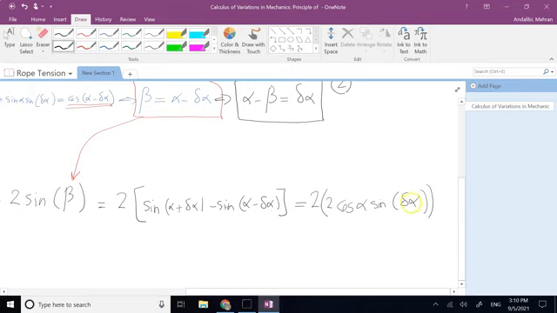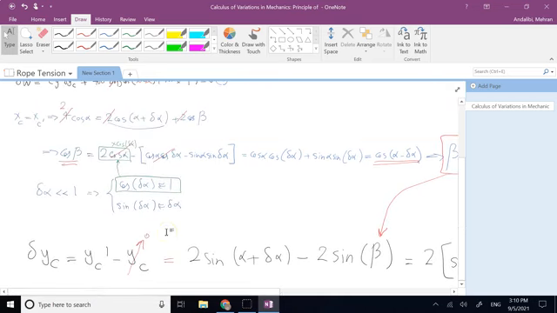And remember, the alpha is a small angle. Sine of it is the same as the angle itself. So here I can refer to what I found earlier, which is this guy.